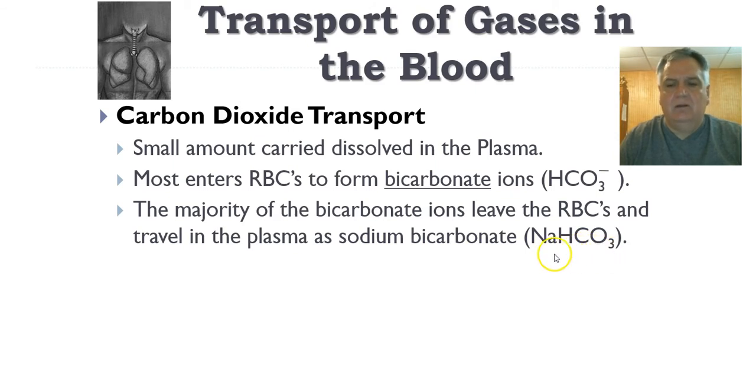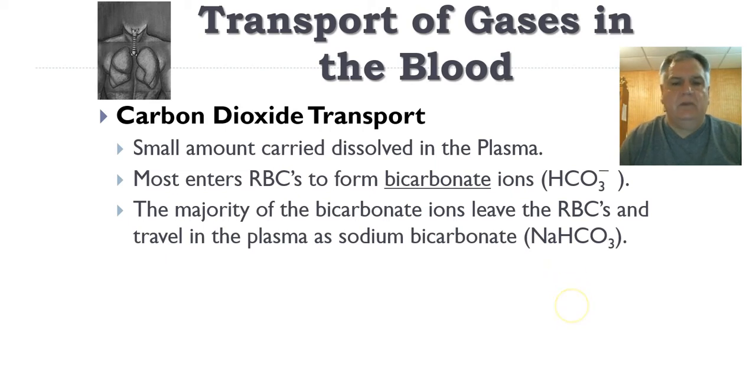Now, sodium bicarbonate is an ionic compound, and I should have a little plus sign above the sodium here and a little negative sign above the bicarbonate ion. And that's because what's going to happen? Whenever this sodium bicarbonate mixes with water, it's going to separate into sodium ions and bicarbonate ions.